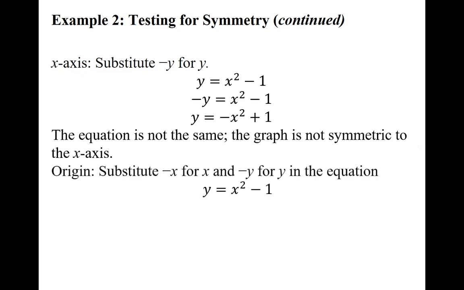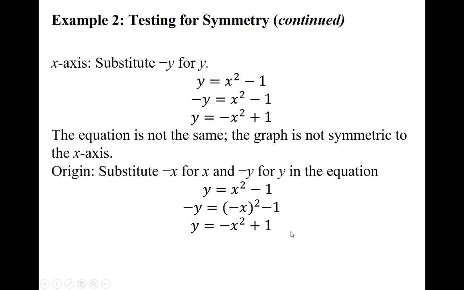And finally, checking for origin symmetry, we substitute both: y with negative y, x with negative x. We get negative y equals x squared minus 1. So y equals negative x squared plus 1.